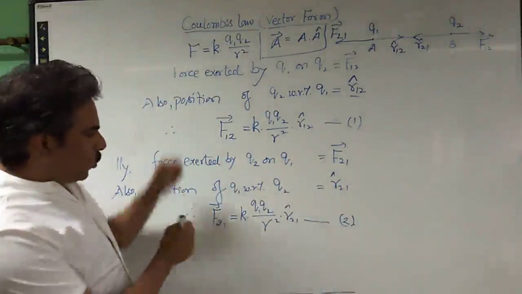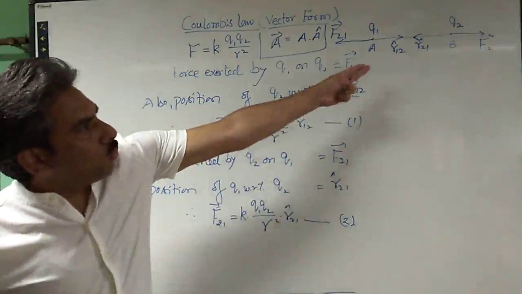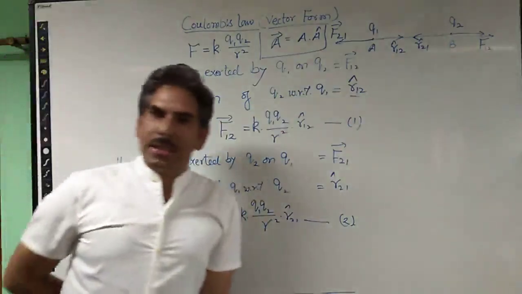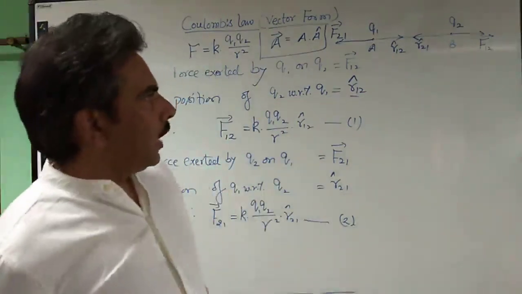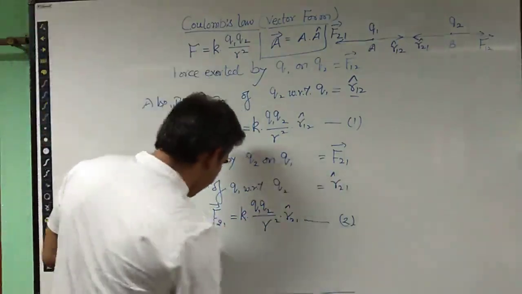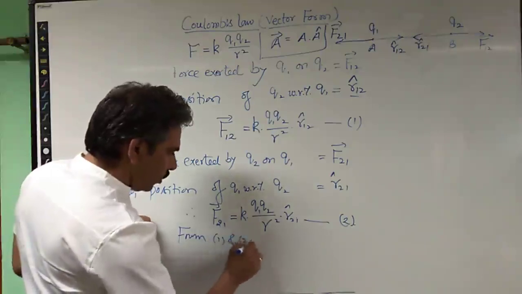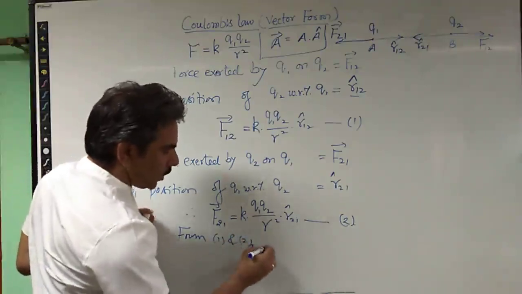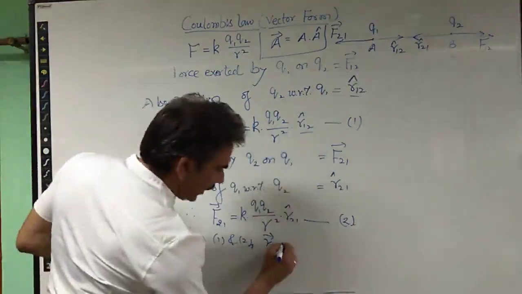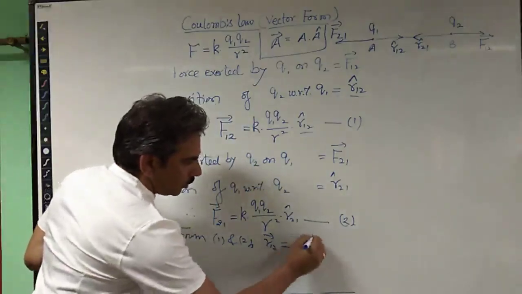We can just compare these two results and note that these two unit vectors, R21 and R12, are representing the same unit vector in terms of magnitude, and their directions are opposite to each other. So from 1 and 2 we say that what we have observed is that R12 is equal but opposite to R21.